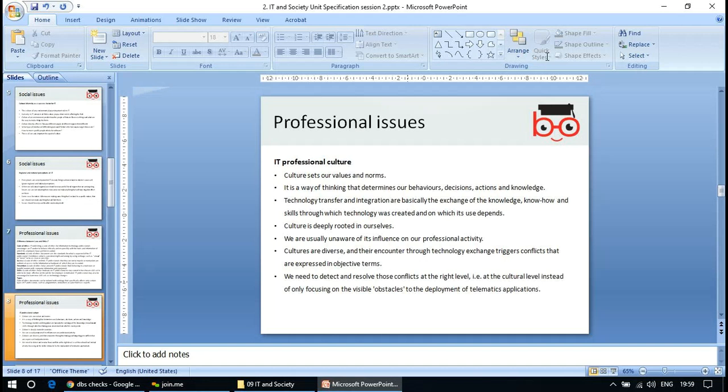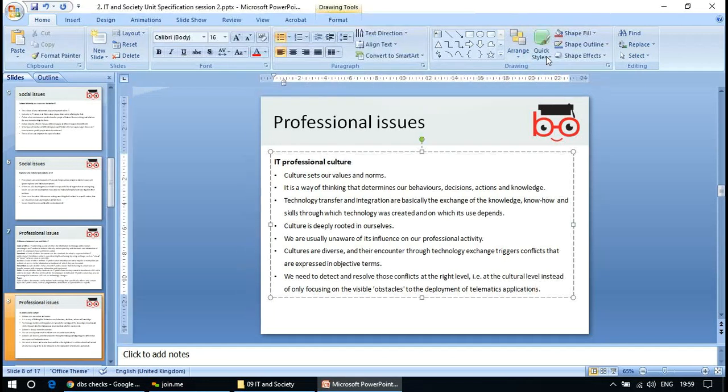We need to detect and resolve those conflicts at the right level, i.e., the cultural level, instead of only focusing on the visible obstacles to deployment of telematics applications. Basically, the IT professional should have concerns about the culture as well.